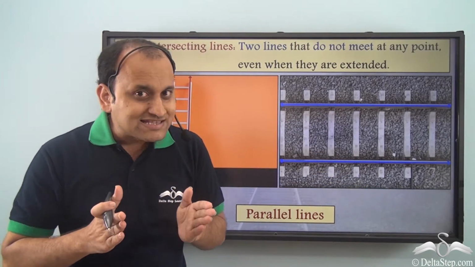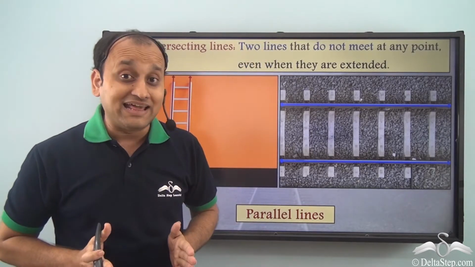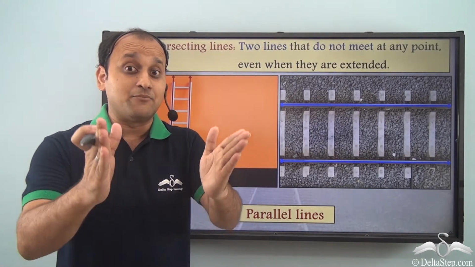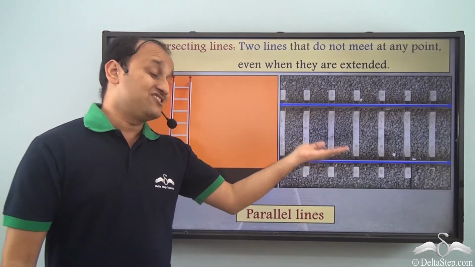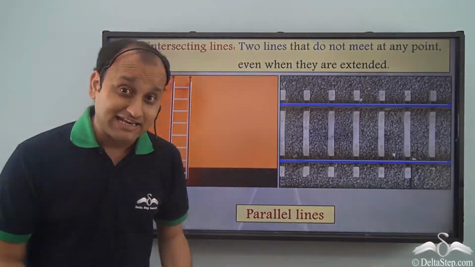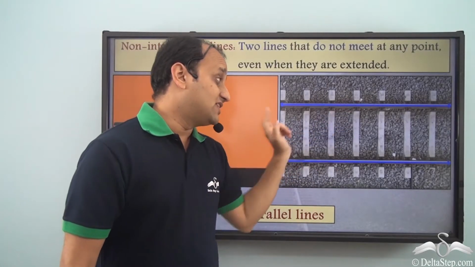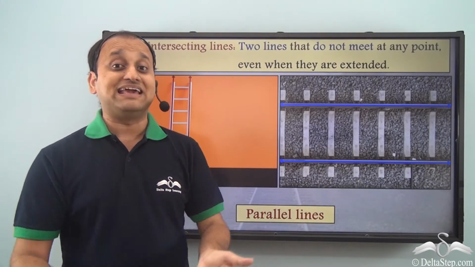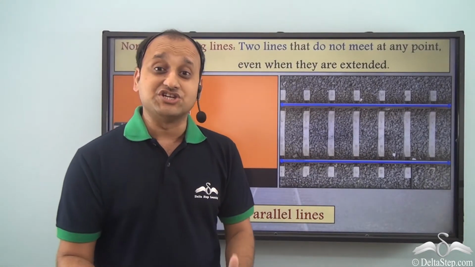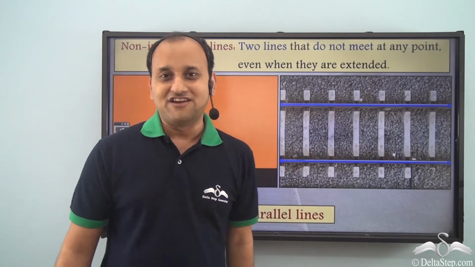So when two lines are moving and they are maintaining a fixed distance between them all along, we call them parallel lines. So this is a very important property of parallel lines, which is used in the case of railway lines, because parallel lines always maintain a fixed distance between each other, just like the railway tracks.